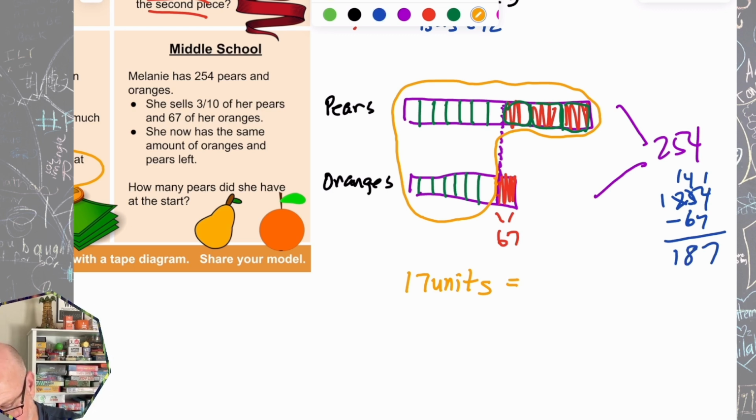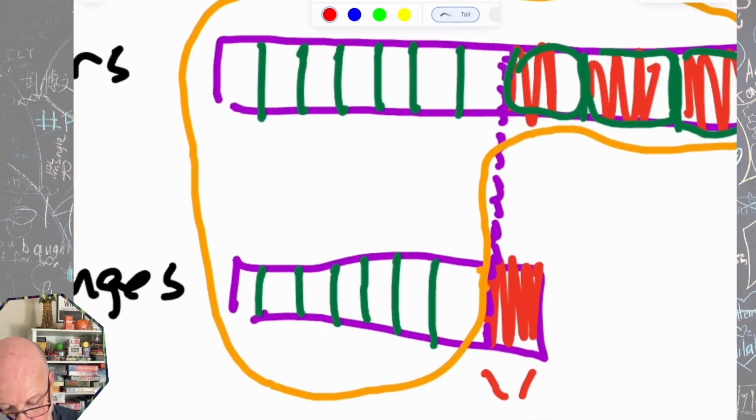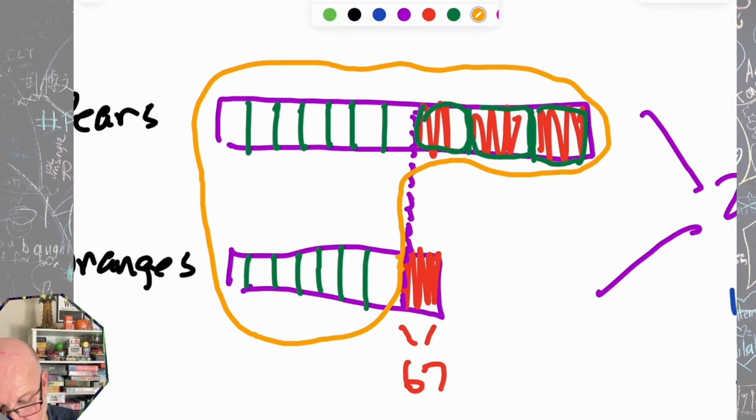So those 17 units is equal to 187 pieces of fruit. All right, so now I need to figure out the value of just 1 unit, and I could see that 187 divided by 17 is equal to 11. So each of those little units is equal to 11 pieces of fruit.